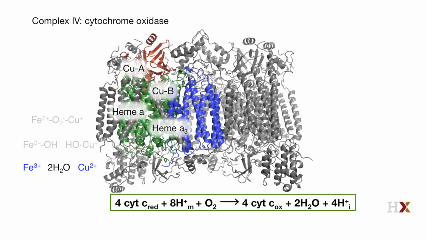And 8 protons from the matrix are consumed. 4 contribute to the formation of 2 molecules of water, and during the transfer of electrons, 4 additional protons are transported across the membrane from the mitochondrial matrix to the intermembrane space.